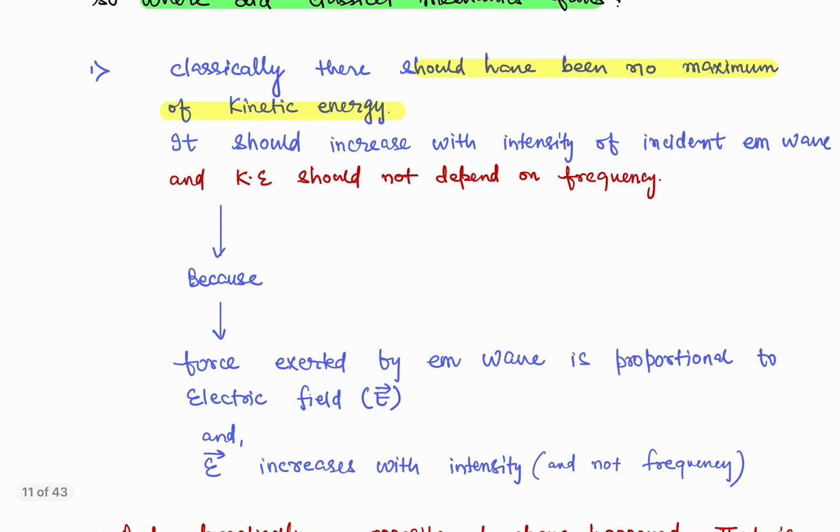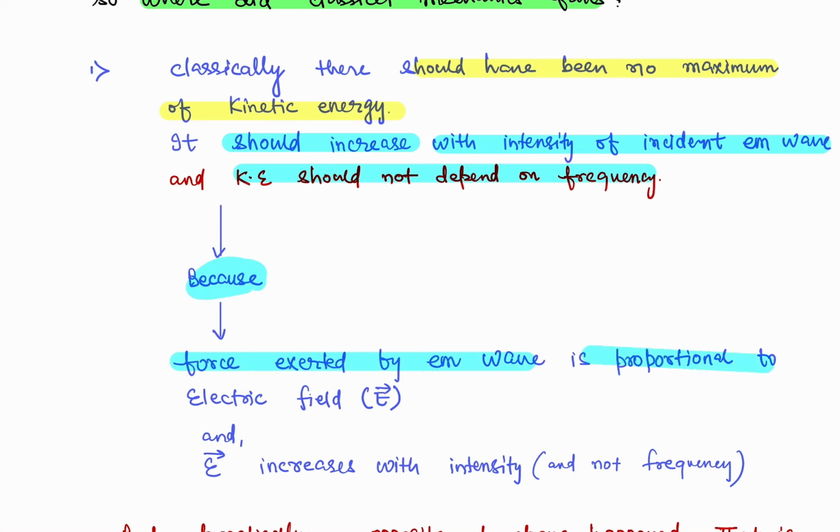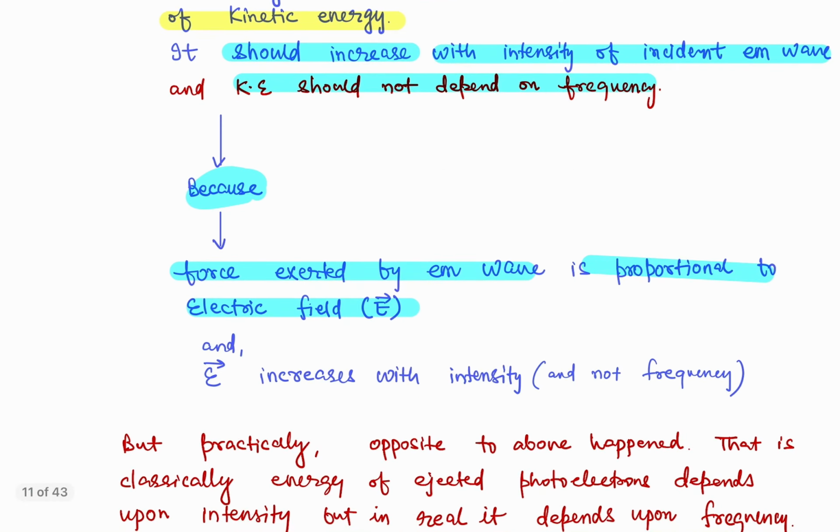Let us see. Kinetic energy should increase with intensity of the incident electromagnetic wave, and should not depend on frequency. That is what should have happened, because the force exerted by an EM wave is proportional to the electric field, and the electric field increases with intensity and not frequency.